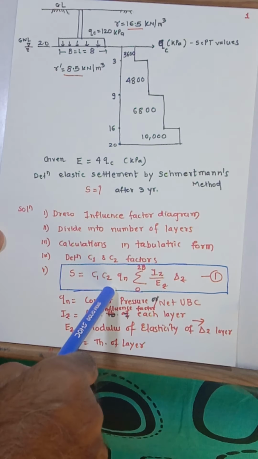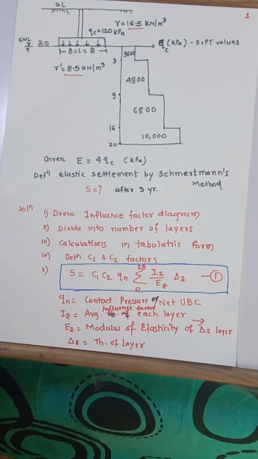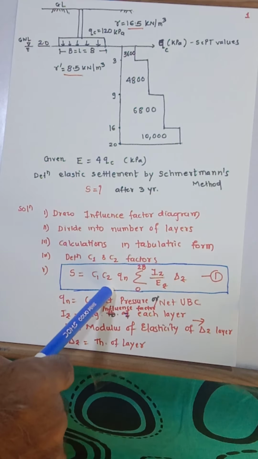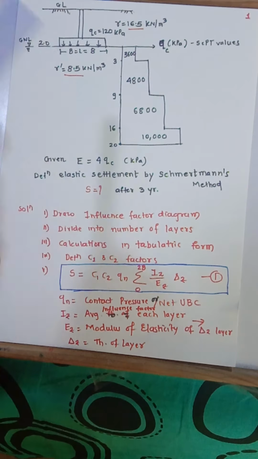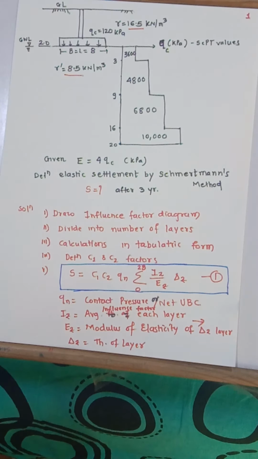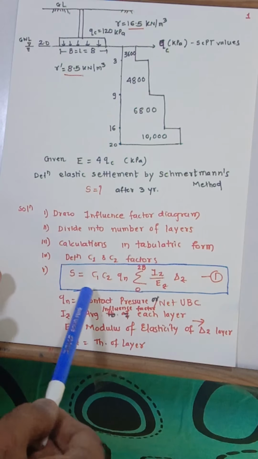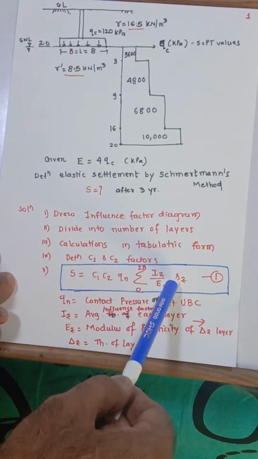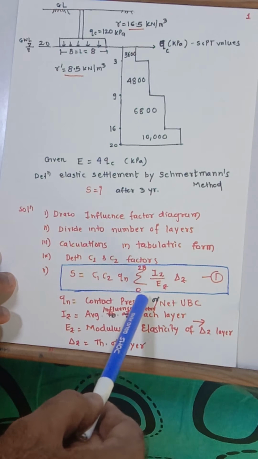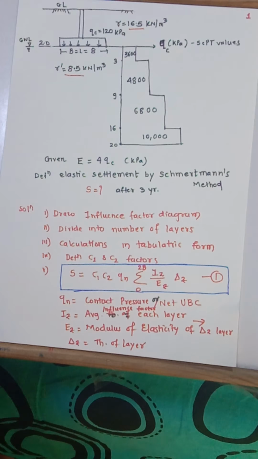These two factors depend on the depth, and the second, on the time, which is required to be introduced. In this expression you will find a summation from 0 to 2B or 0 to 4B, as we discussed earlier.